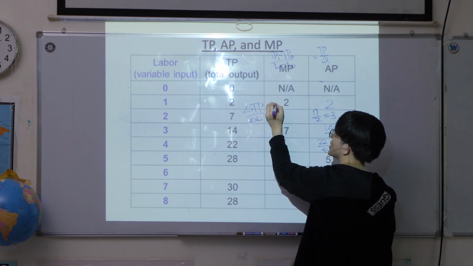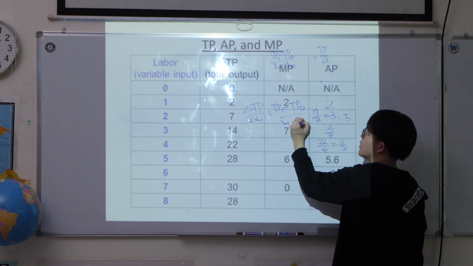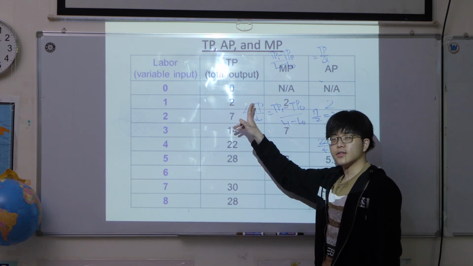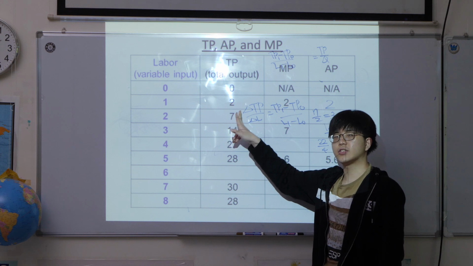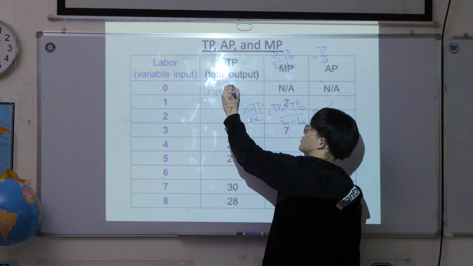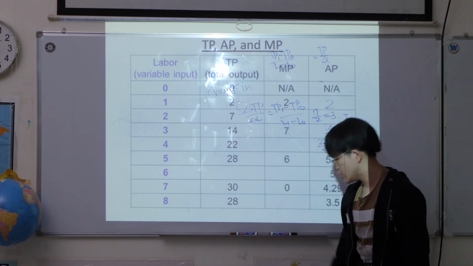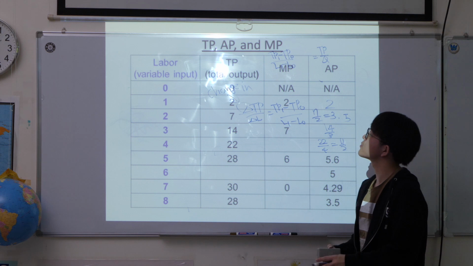So this is the same as the one that I wrote there. This symbol delta means change in. So you want to find the change in TP and the change in L, labor.